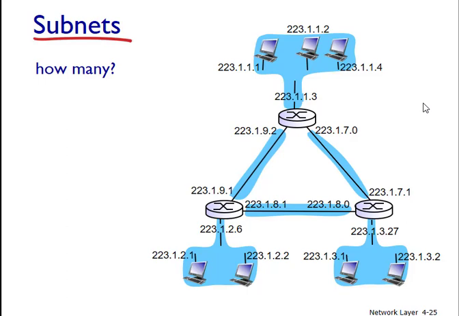If we apply this procedure to the interconnected system in this figure, we get 6 islands or subnets: 223.1.1, 223.1.9, 223.1.7, 223.1.8, 223.1.2, and 223.1.3.